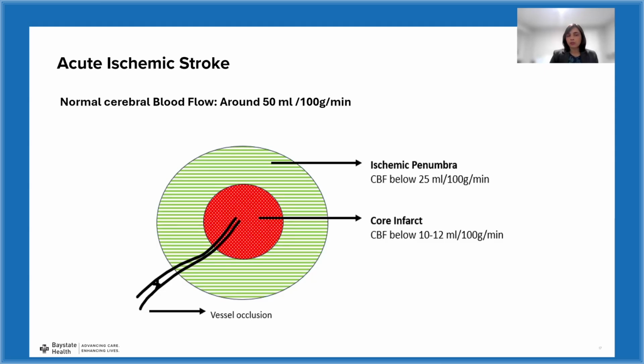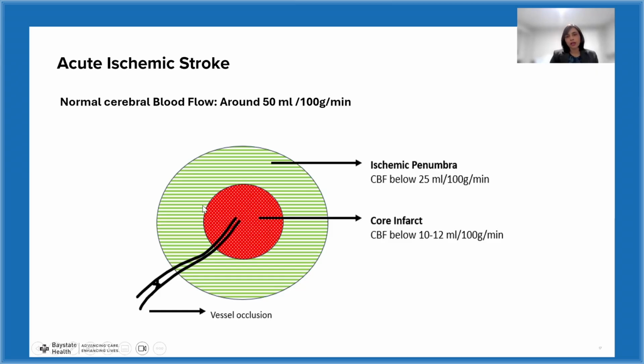So, normal cerebral blood flow is around 50 ml per 100 grams per minute. Within the very core of the infarct, this blood flow is typically below 10 to 12 ml per 100 grams per minute. And within the penumbra, it can be below 25 ml per 100 grams per minute.